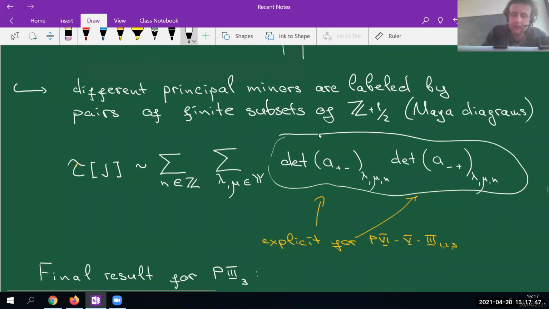let me stress once again that this summation, this combinatorial structure, is valid for any jump, not necessarily isomonodromic.